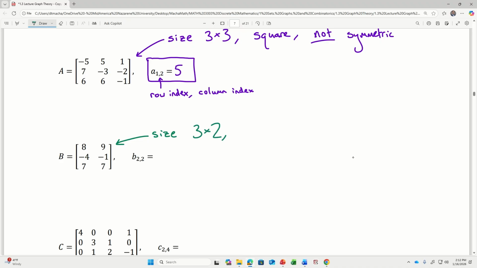Is it square? Not square. If it's not square, it's not symmetric. You can only be symmetric if you're square. And Matthew, what's entry 2, 2? -1.